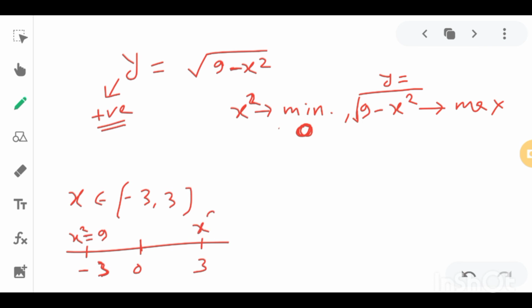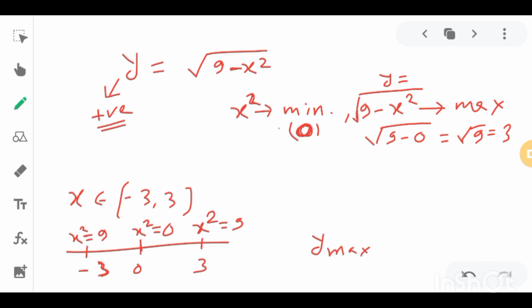When x is 3, x square will be 9. When x is 0, then x square will be 0. So the maximum value will be square root of 9 minus 0. That will be square root of 9, that will be 3. So the maximum value of y will be 3. So y max, I am writing here, y max is equal to 3.